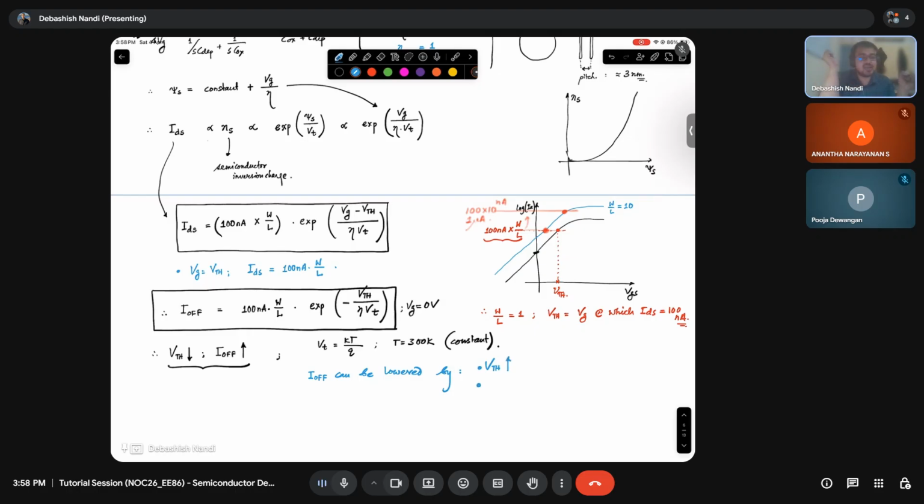And what are the other options we can have? This quantity is constant, so I have eta. If I can lower eta, then also my Ioff will reduce.